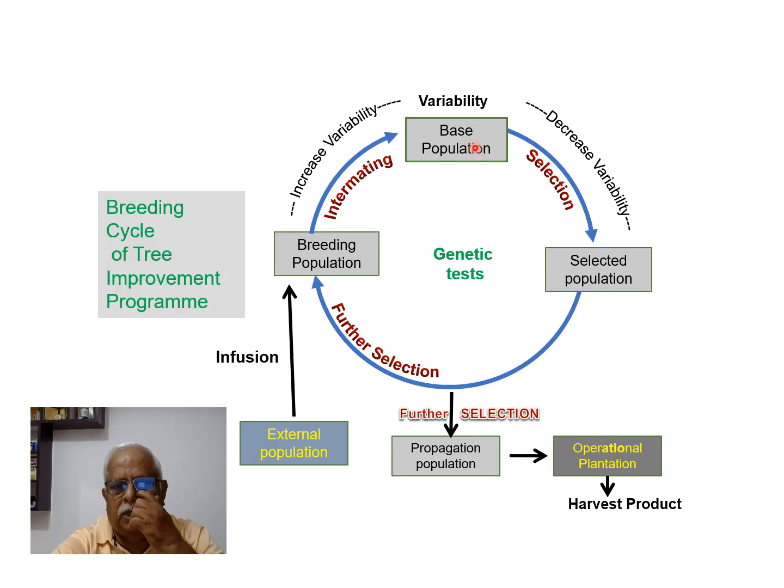From this base population we select a good number of trees, which we call the selected population, and this selection we do based on the progeny test. We do the genetic test, then we select. For example, if you have a base population in lakhs of trees, we may use some thousands of trees in the selected population.